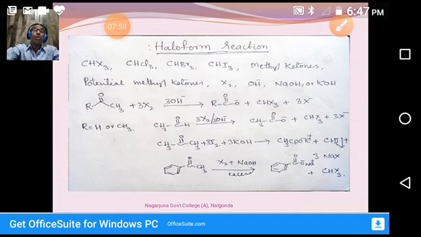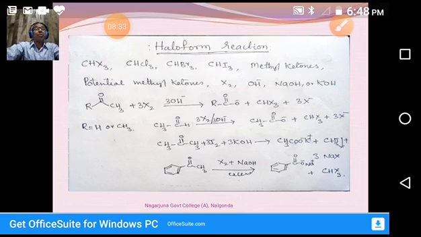The organic compounds containing methyl ketones or potential methyl ketones, when they react with halogen and base, both in excess quantity, give a sodium or potassium salt of the carboxylic acid, followed by formation of haloform.